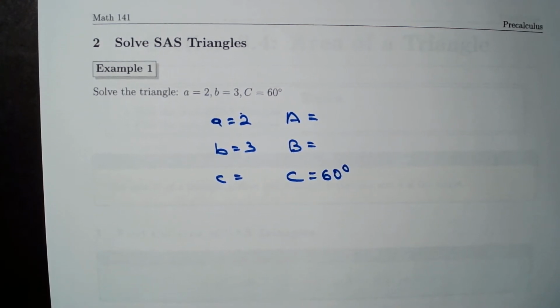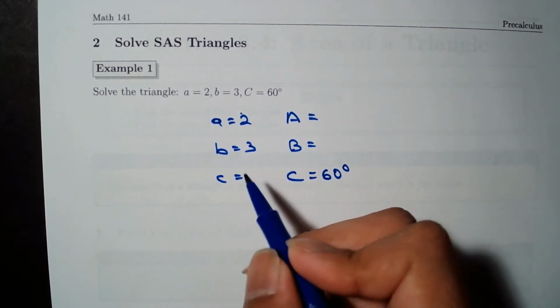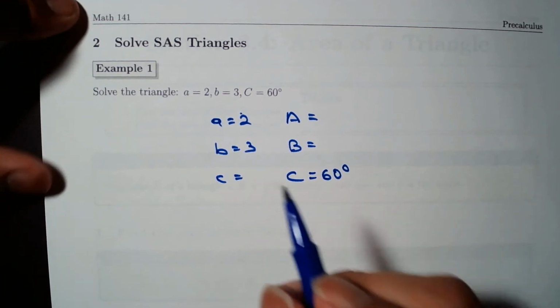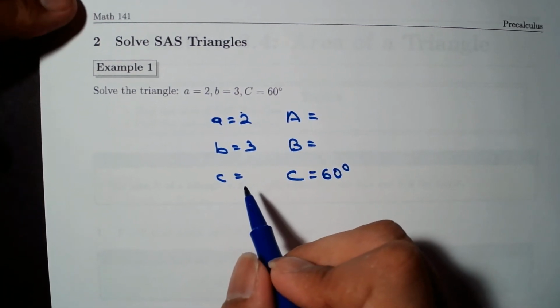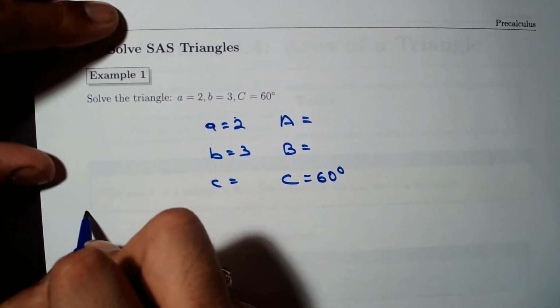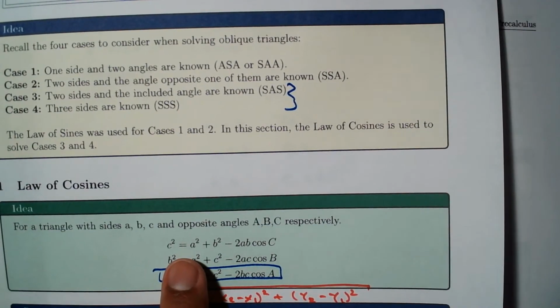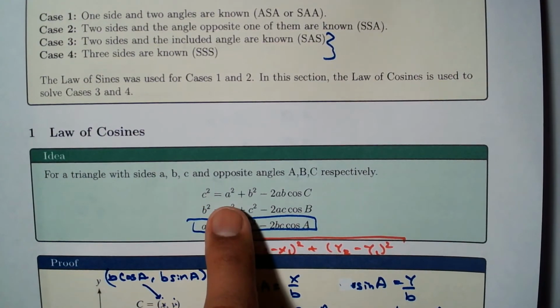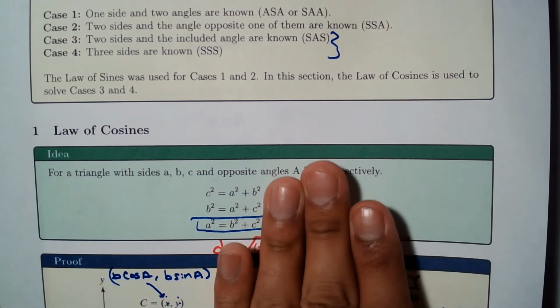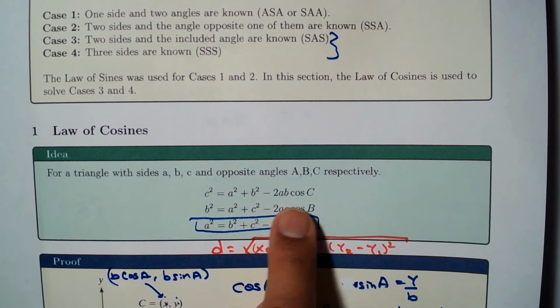Well, in this case, I'm going to use the law of cosines to find the side C. So for the side C, c squared equals, I'm going to use the first formula, c squared equals a squared plus b squared. It looks a little bit like the Pythagorean theorem, but minus 2ab cosine c.